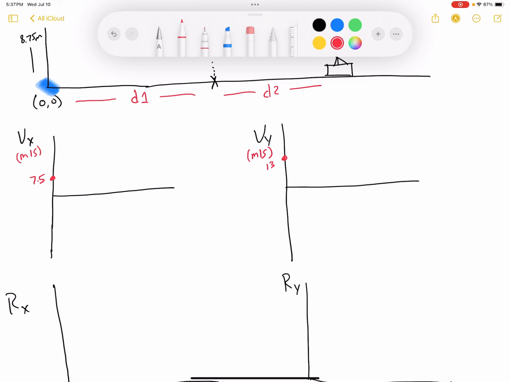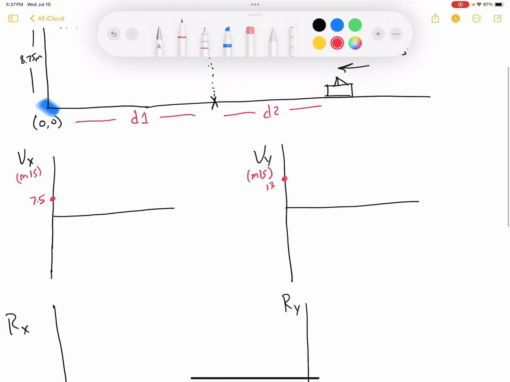Okay, so let's look at the velocity in x. Is the velocity in the x dimension going to slow down? Is there a force that's going to slow it down in x? No. There is gravity, but gravity only affects it in the y direction. It doesn't affect it in the x direction.